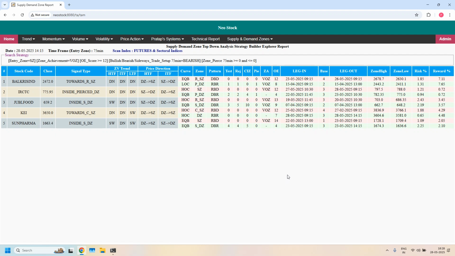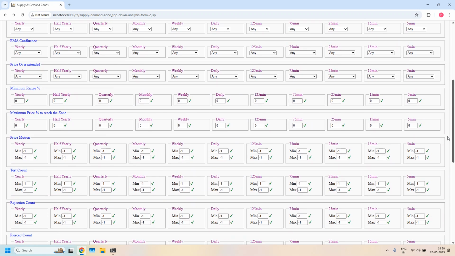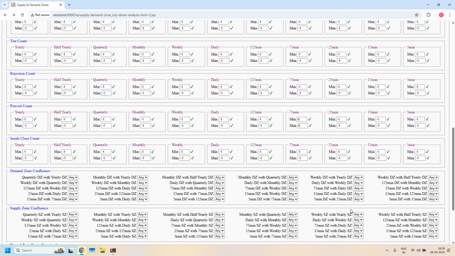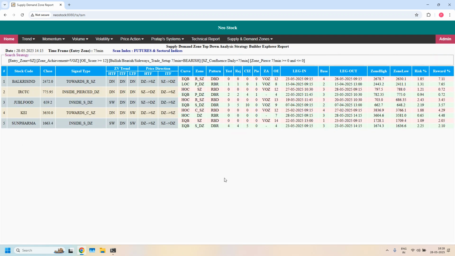Let's filter based on zone confluence, supply zone confluence. The first filter is 75 minutes and daily supply zone confluence. Enabling the filter, applying on the 5 stocks. All 5 are filtered.